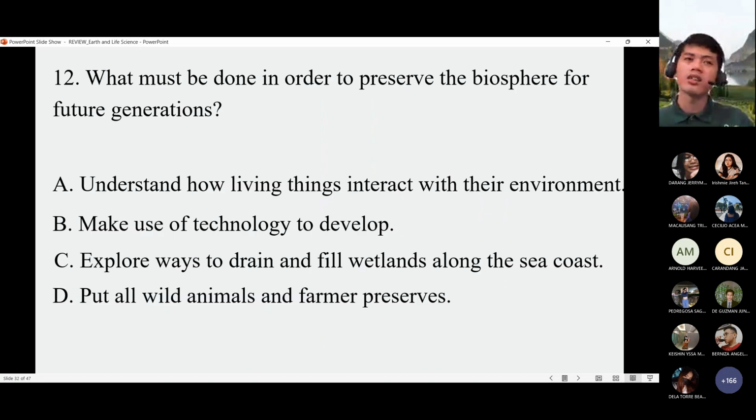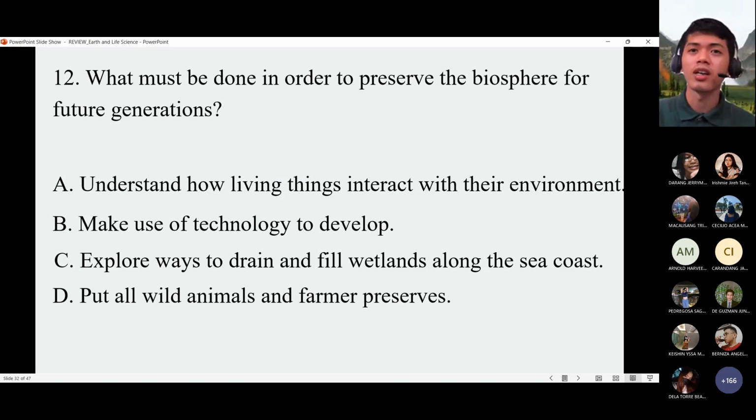Now, for the next question, what must be done in order to preserve the biosphere for future generations? Ayan, this is very crucial nowadays, especially we are experiencing increased level of global temperature or global warming, and it can cause climate change, every day nagkakaroon ng pagbabagong panahon or weather, okay?